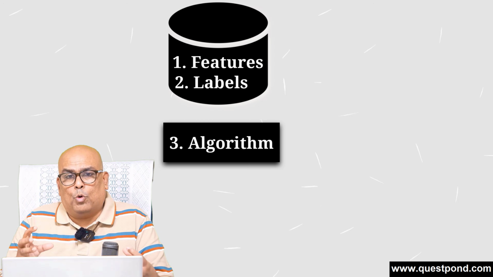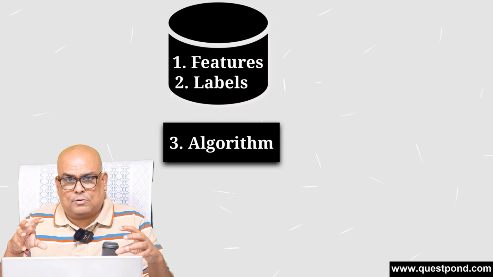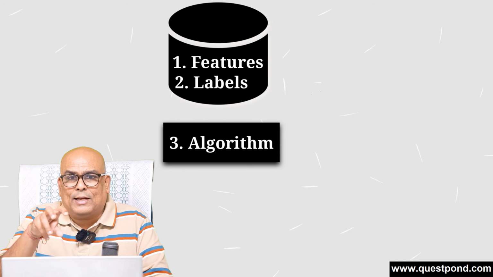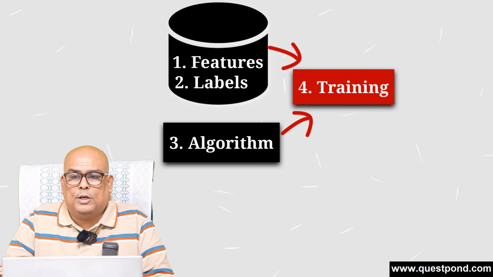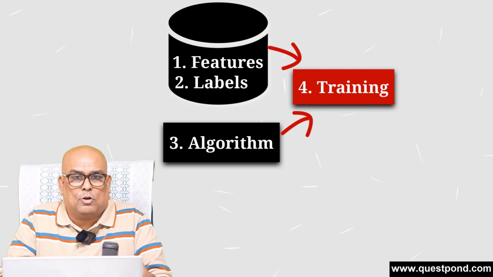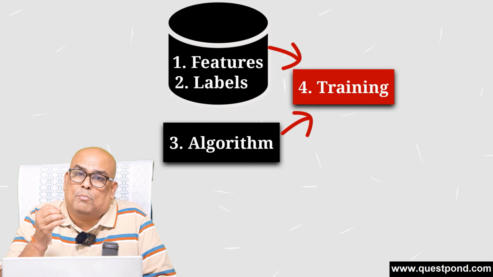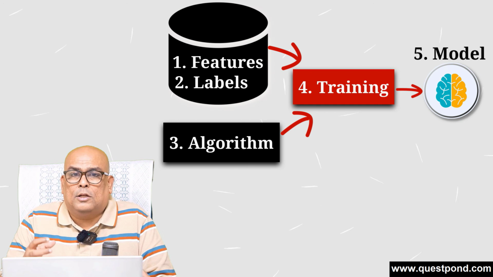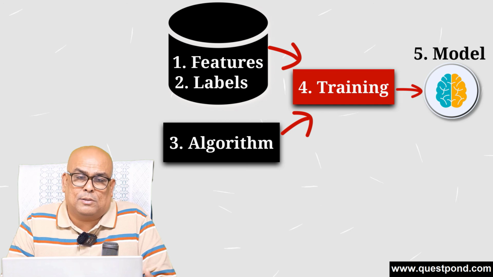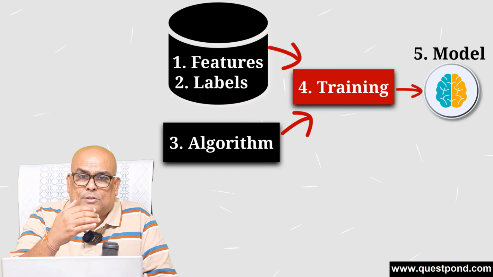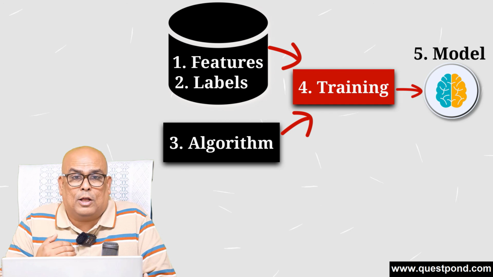And then both of them, the features and labels and the algorithm, get trained. When you give it the features and labels, say this is the algorithm, and train the machine, the output which comes out is termed a model. I repeat this: the output which comes out is termed a model. So features and labels, and at the other end you have the algorithm.